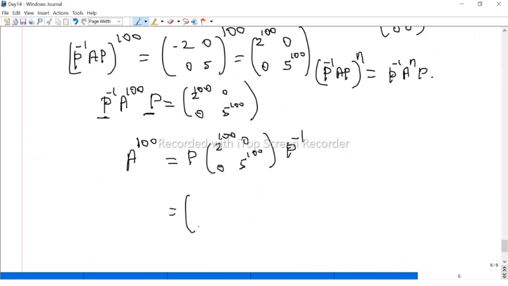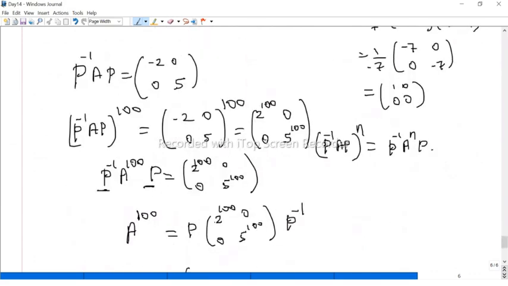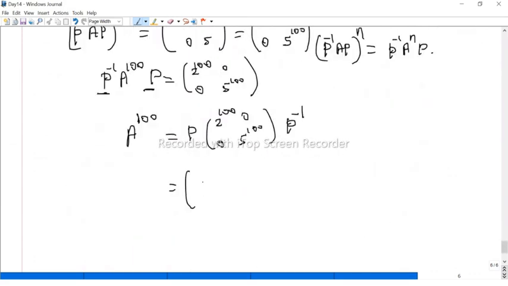We know what P is. P is [-4 3; 1 1], and this diagonal matrix is 2^100, 0, 0, 5^100. So this P inverse contains -1/7.